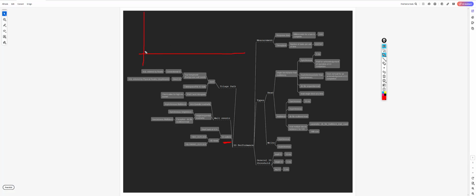In this graph, I measure the IO performance. Here I am plotting IO usage, and here I am plotting the time.